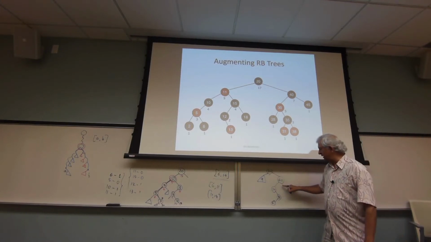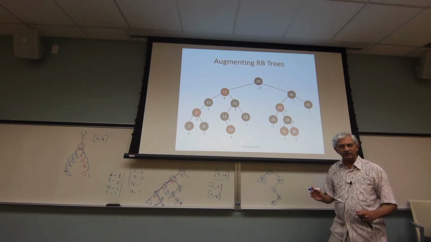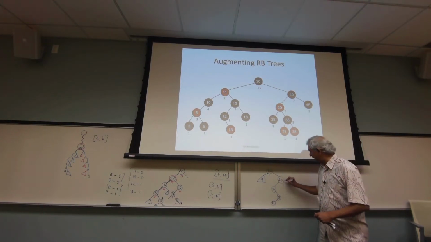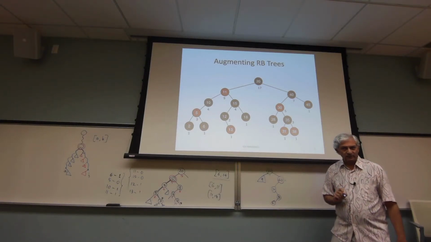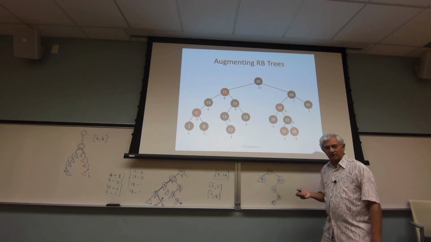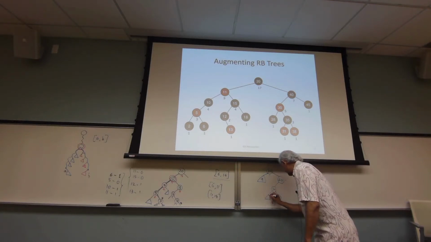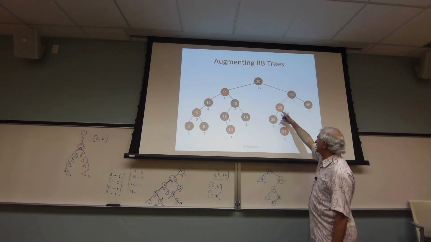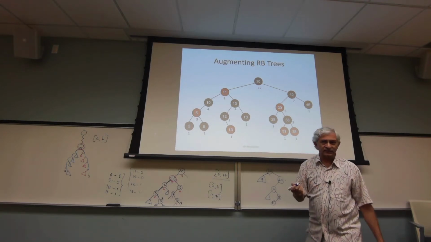Then we go over here. We know that 40 is already larger than 31. We don't have to count it. So we skip that, and then we move on to 30. Over here, 30 is smaller than 31, and so we ask how many items are smaller than 30 over here? And we know the answer is 1 because its left subtree has size 1.